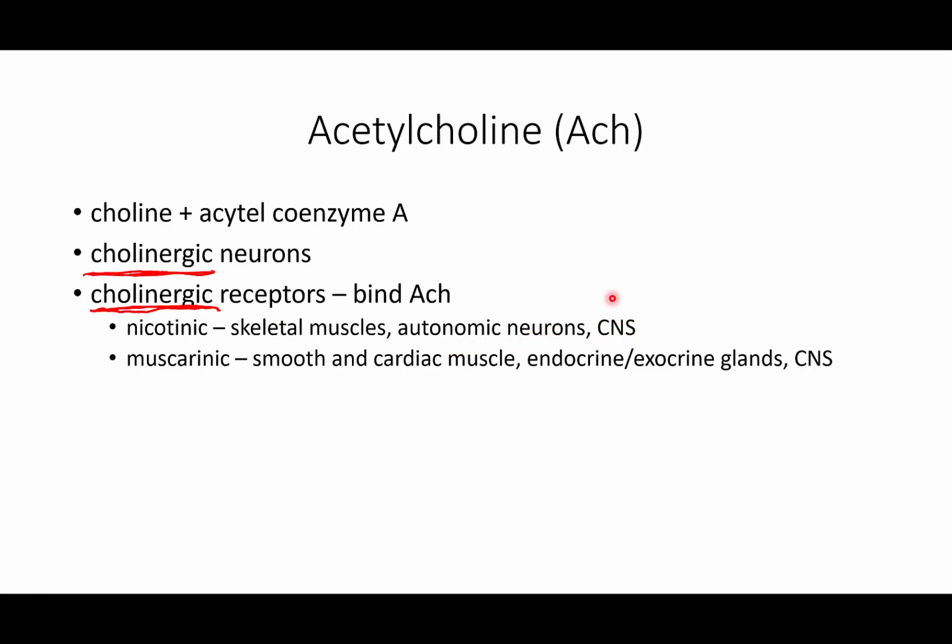The other type is called muscarinic. Again, it's named for the agonist muscarine. Muscarinic receptors are found in our smooth and cardiac muscle, and in endocrine and exocrine glands, and lastly also in the central nervous system.